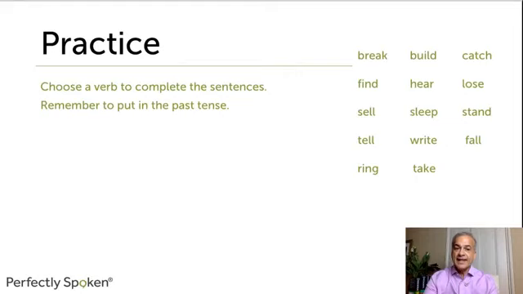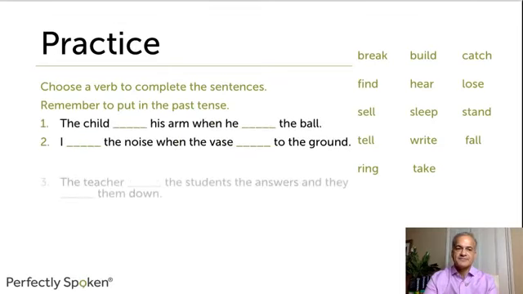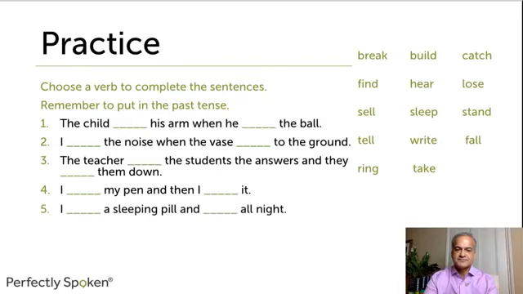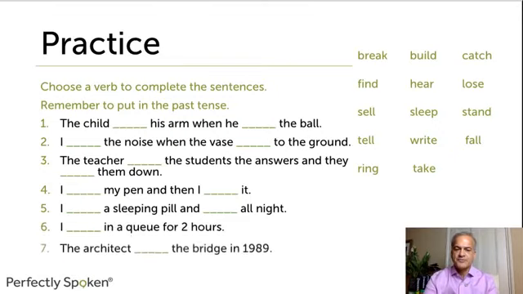So now choose a verb to complete the sentences and put it in the past tense. The child his arm when he the ball.